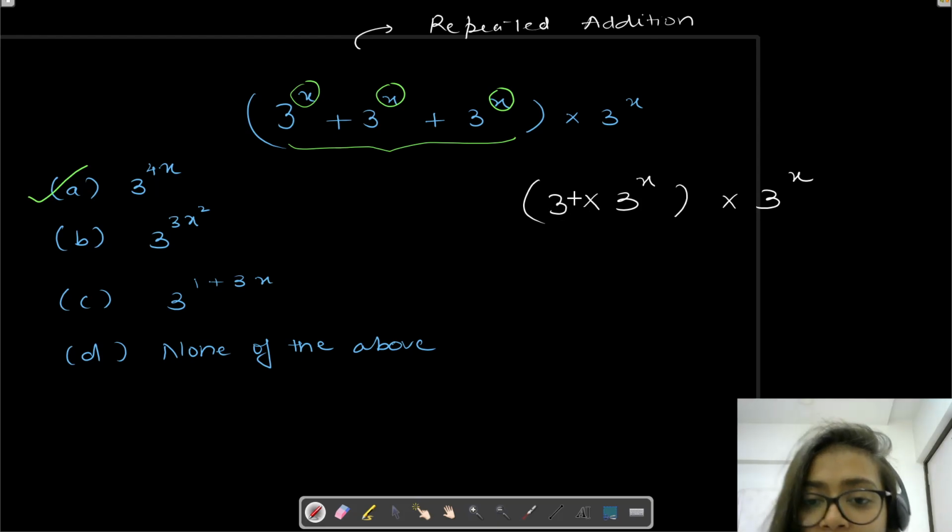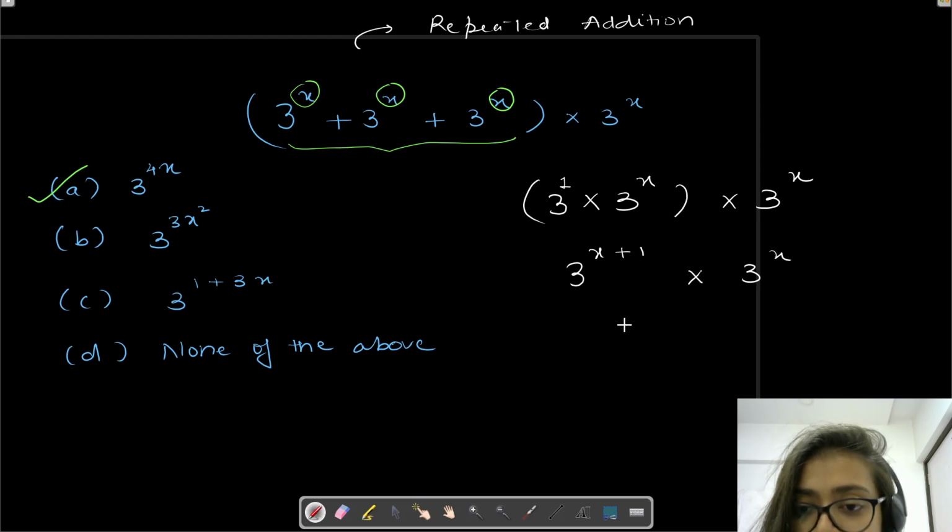Okay, now 3 just has the exponent 1, right? So I can apply the multiplication law of exponents to get 3 raised to x plus 1, and then this is multiplied by 3 raised to x. And now again I can apply the multiplication law to get x plus 1 plus x.